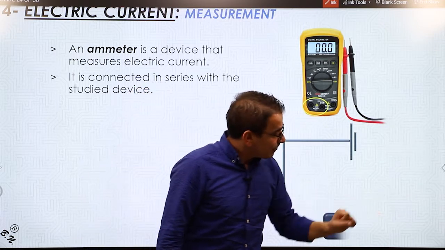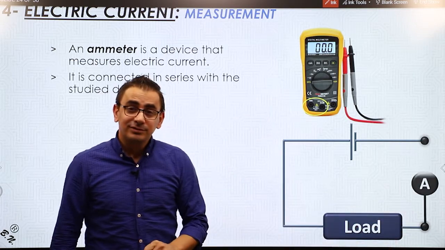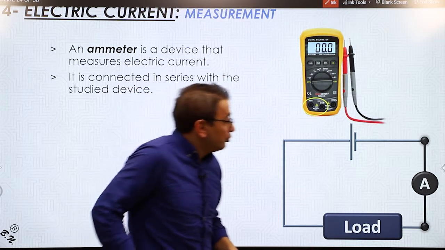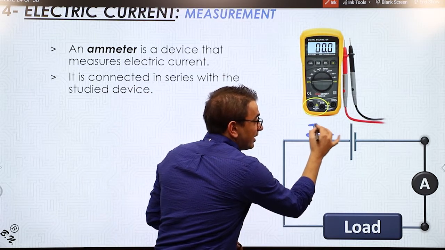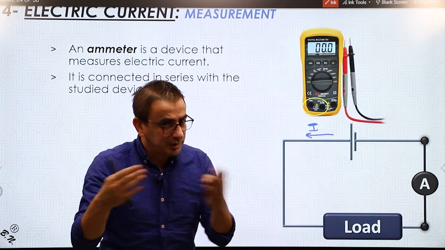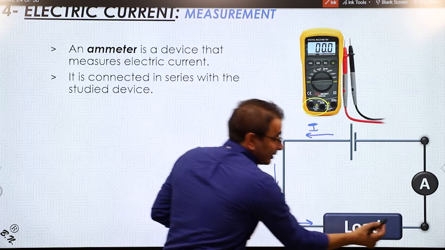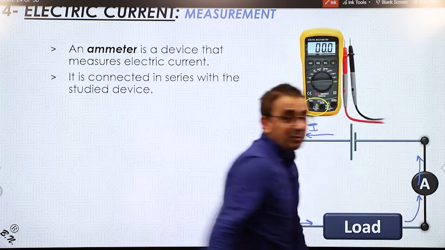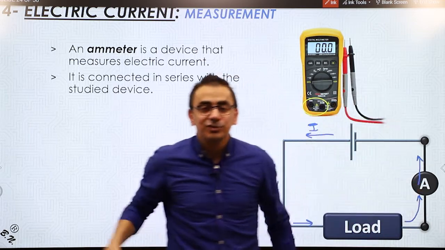Check this. We remove this wire and add the ammeter. So electricity flowing here. Now I can say that electric current I flows like this, again here and here. It continues its direction into the ammeter. The ammeter reads the value crossing it, which is the current in the circuit.